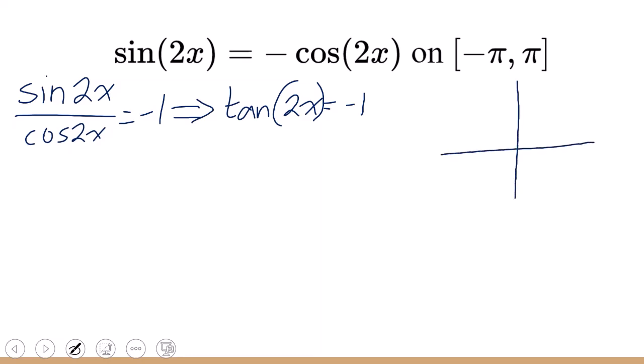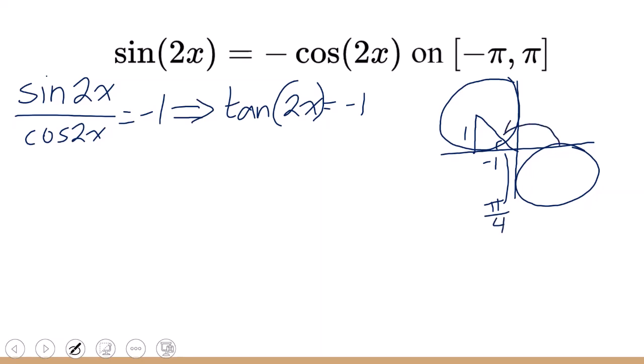So now I need to find the values such that the ratio that tan gives is equal to minus 1. So it's a negative number. And if we remember our quadrants, we know that the two places where tangent is negative are quadrant 2 and quadrant 4. So we can choose either one, and I'm just going to go for 2. Here I create the triangle with sides minus 1 and 1, which is one of our special triangles, which we know is pi over 4, which means the overall angle being measured here is 3 pi over 4.